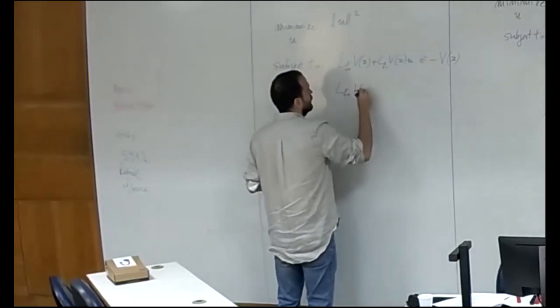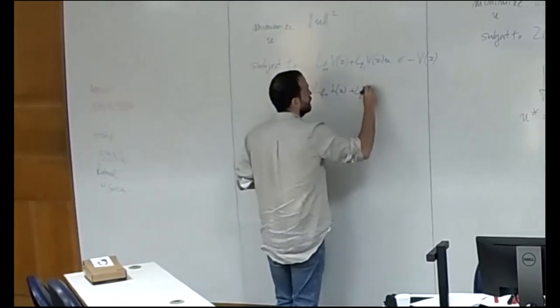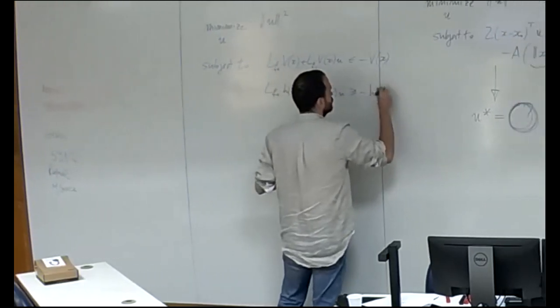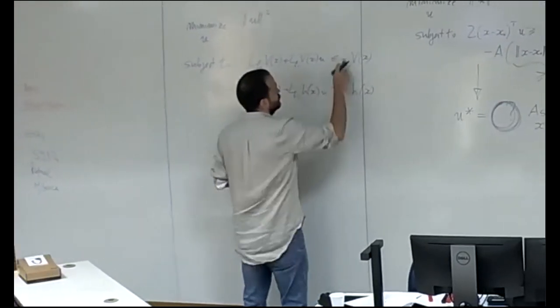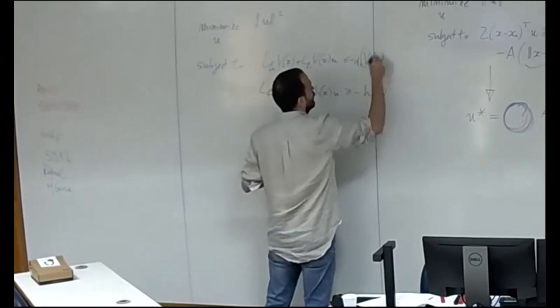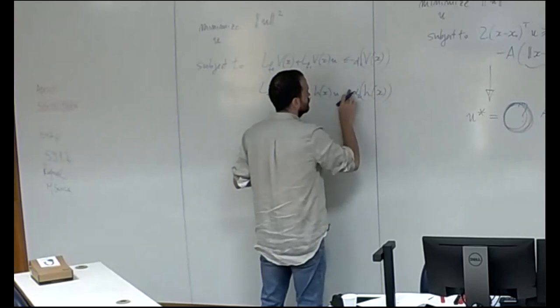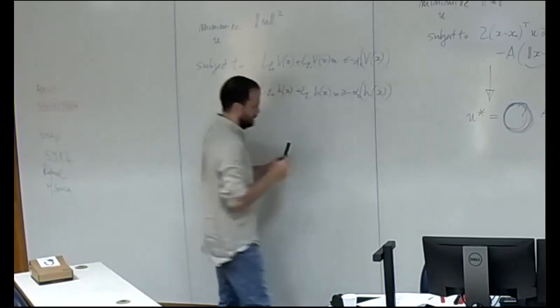And LF0 H of x plus LF1 H of x times U greater than or equal to minus alpha 2 H of x. Sure, we can have a general alpha 1 or alpha 2.